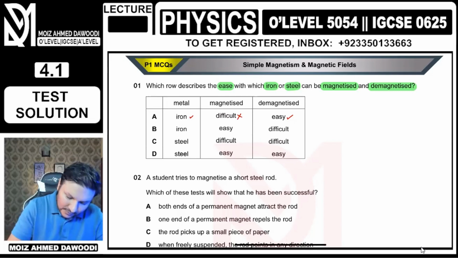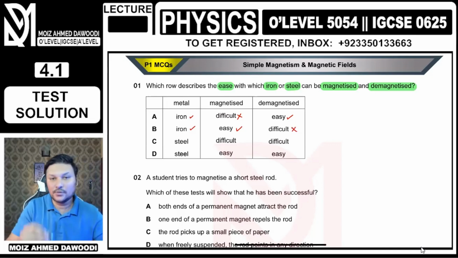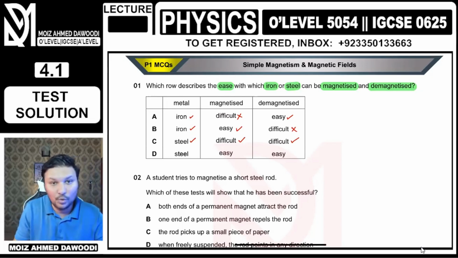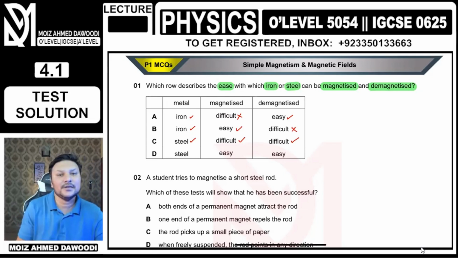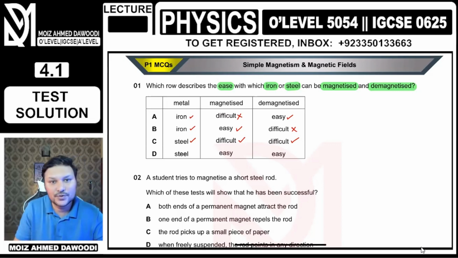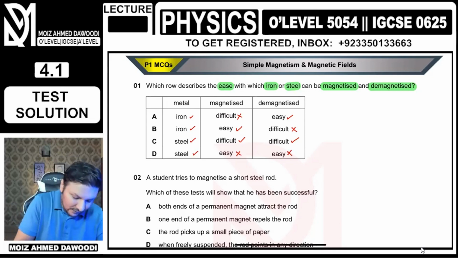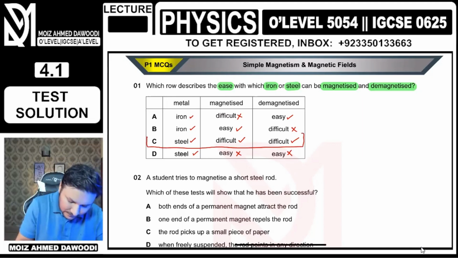While here, iron easy to magnetize but difficult to demagnetize is wrong. Steel, difficult to magnetize and difficult to demagnetize. Both parts are correct, so in our case, the answer is option C. But let's go further ahead and discuss the last option, D, as well. Steel, not easy to magnetize, not easy to demagnetize. So in that way, we have our answer C.